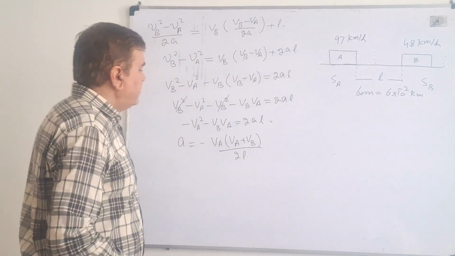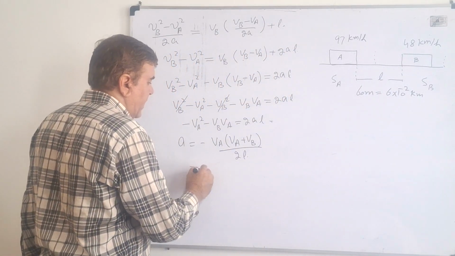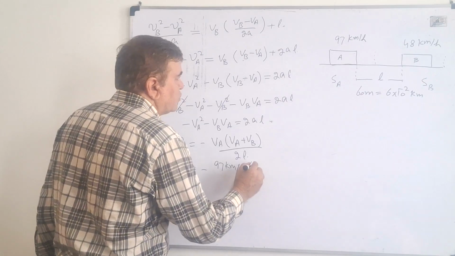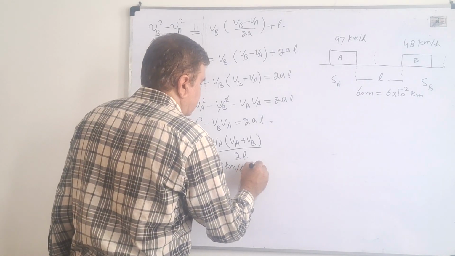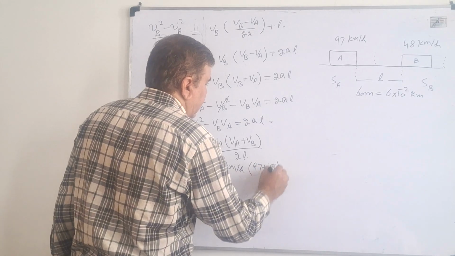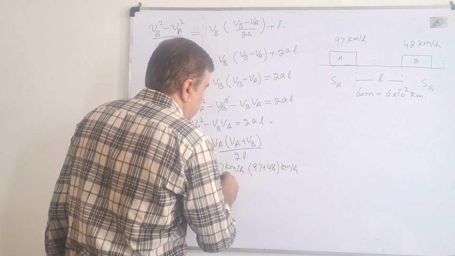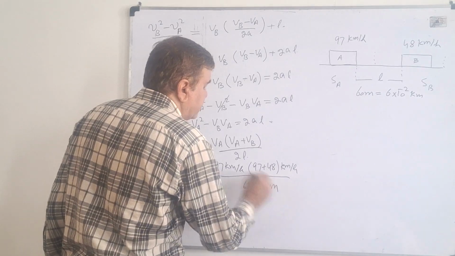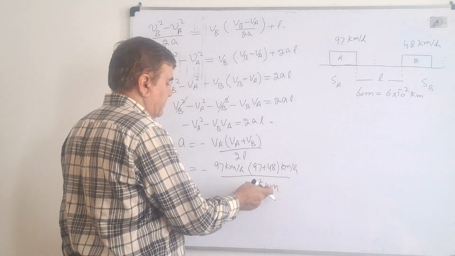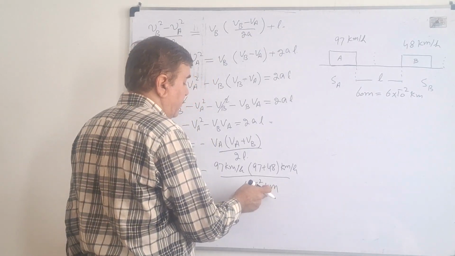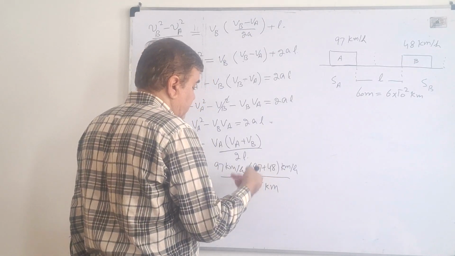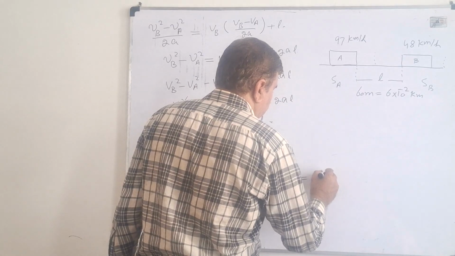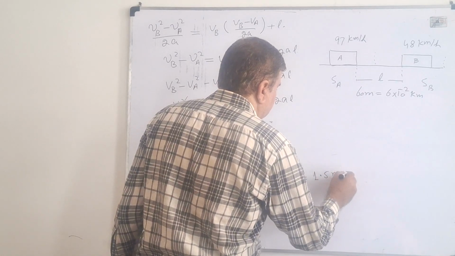If I put these values, I can write this as minus 97 kilometers per hour times (97 minus 48) kilometers per hour divided by 6 times 10 raised to the power minus 2 kilometers. One kilometer from the numerator cancels with the kilometer in the denominator. We are left with kilometers per hour squared, and I can convert this to meters per second squared, which gives me 1.5 meters per second squared.